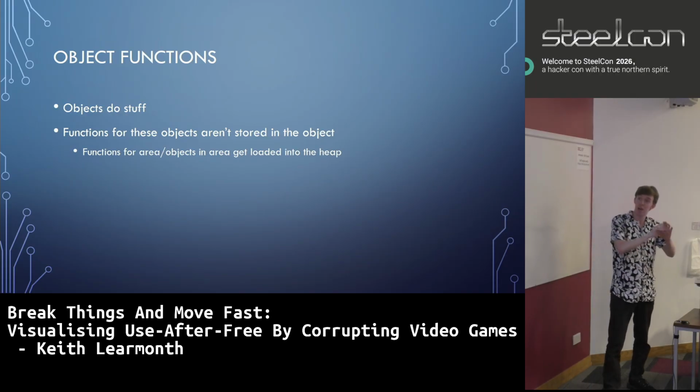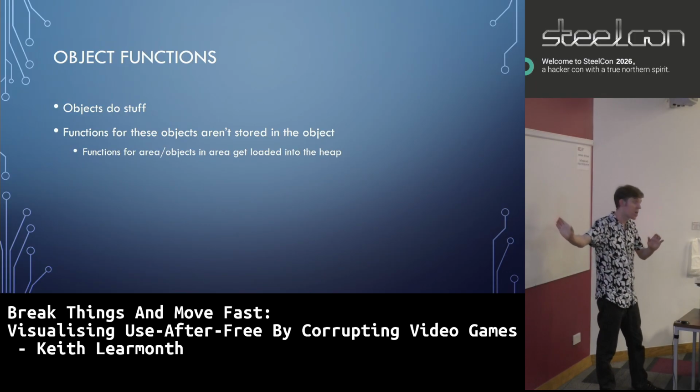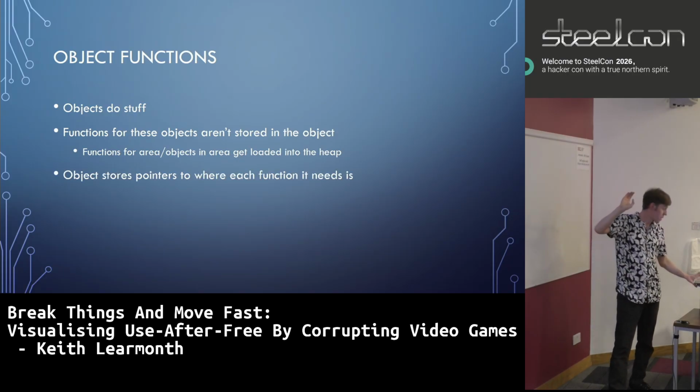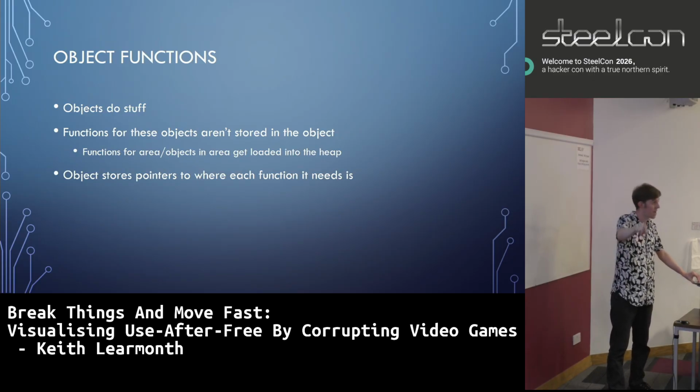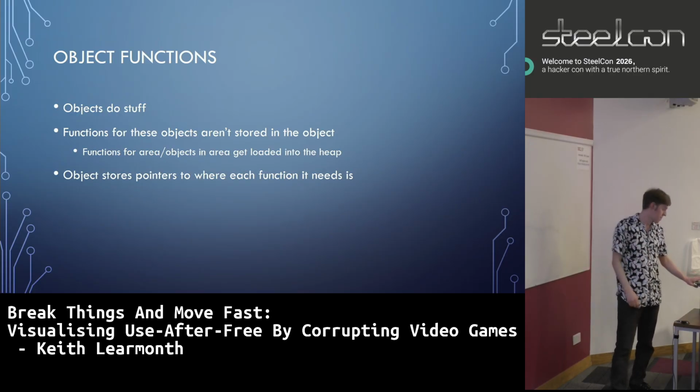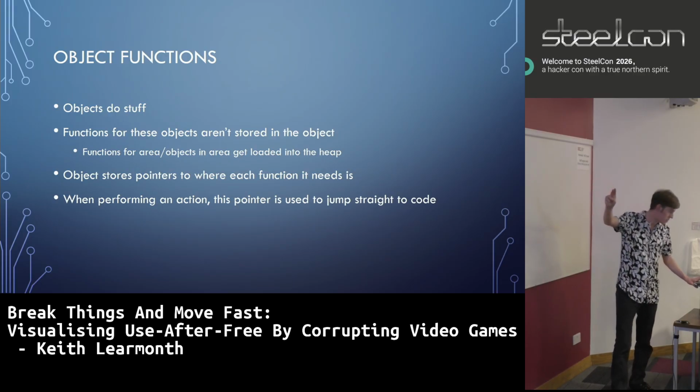Those functions are somewhere else in the heap. What you have in the object is just a pointer that says, this function I need is in this memory register. And essentially, whenever you're using it, it's a jump command. This pointer is used to jump straight to the code.